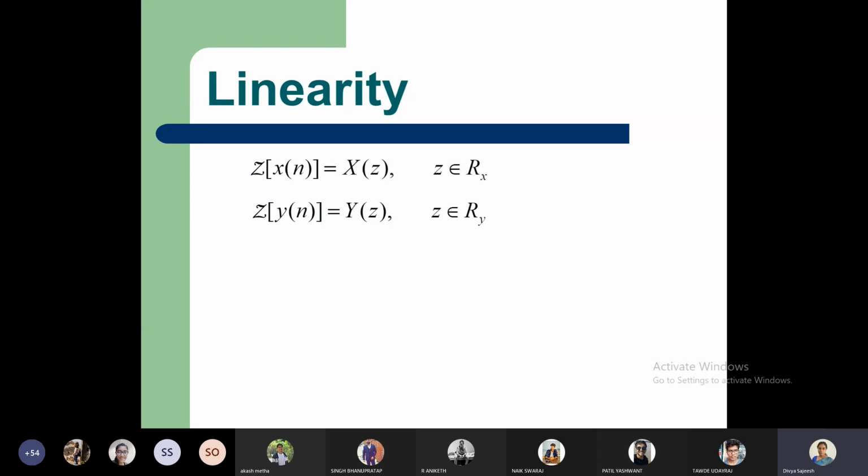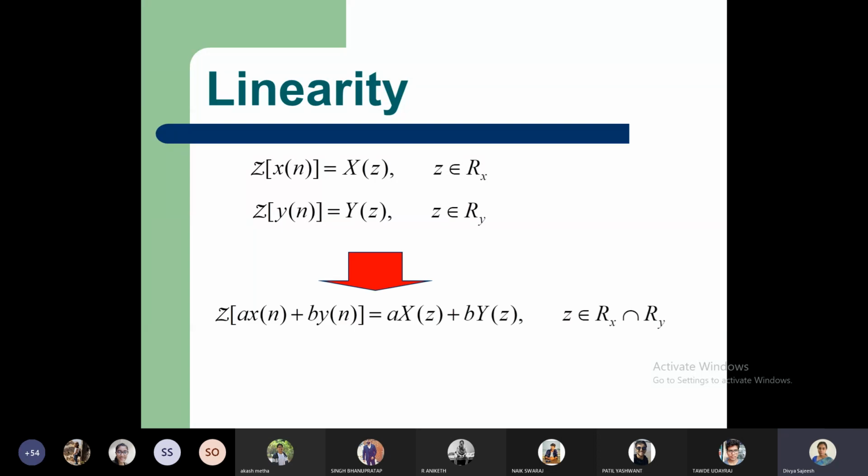Let us take a signal x of n, and another signal y of n. Let X of z be the Z transform of x of n, and Y of z be the Z transform of y of n. If you apply the Z transform to a weighted sum of signals, what is the weighted sum of signals? a x of n plus b y of n is the weighted sum of signals.